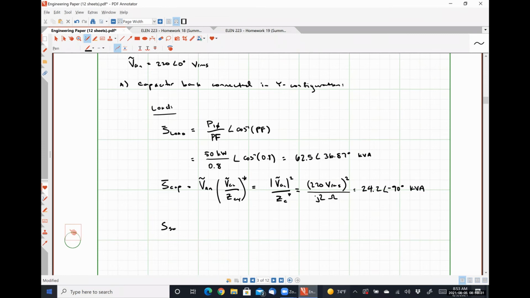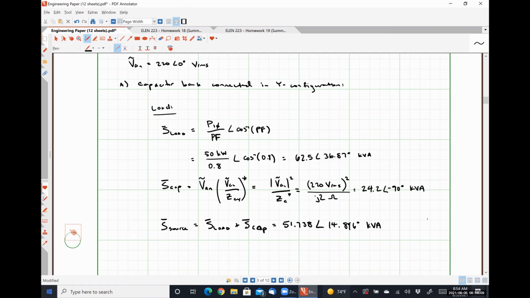S source is just going to be S load plus S cap, which I get to be 51.738 with an angle of 14.896 degrees kilovolt amperes.